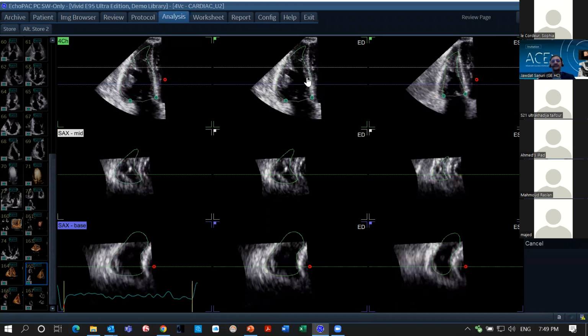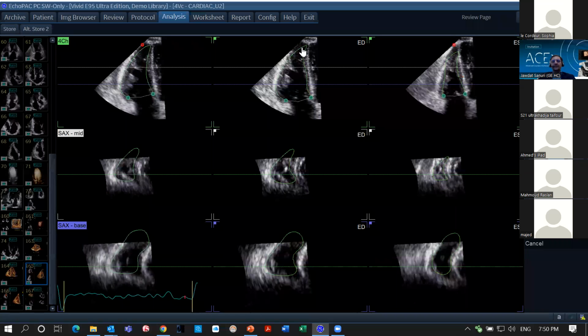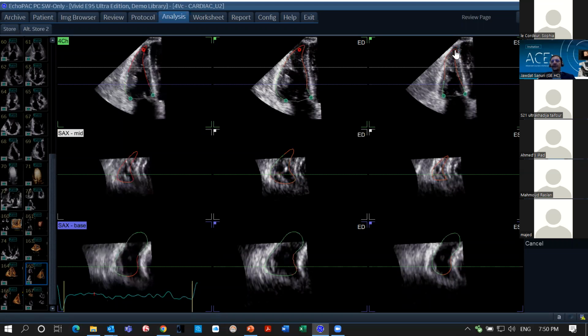I can adjust anywhere where I disagree and exaggerate or under move in or out, let's say, the endocardium wherever I see the need to by drag and drop. So I can do it for the end diastole. I can also do it for the end systole, as you can see, as I'm doing right now here.